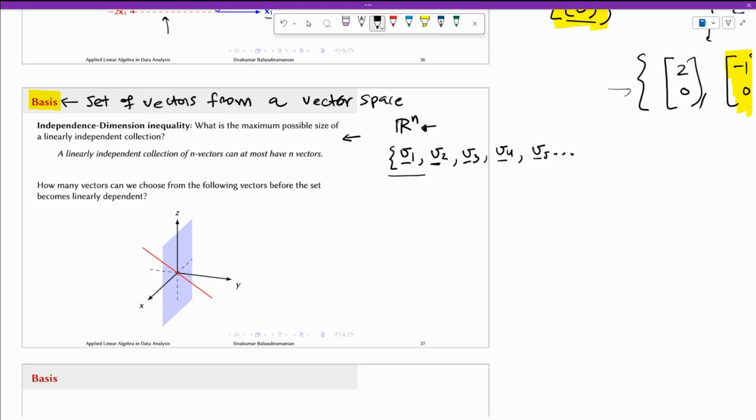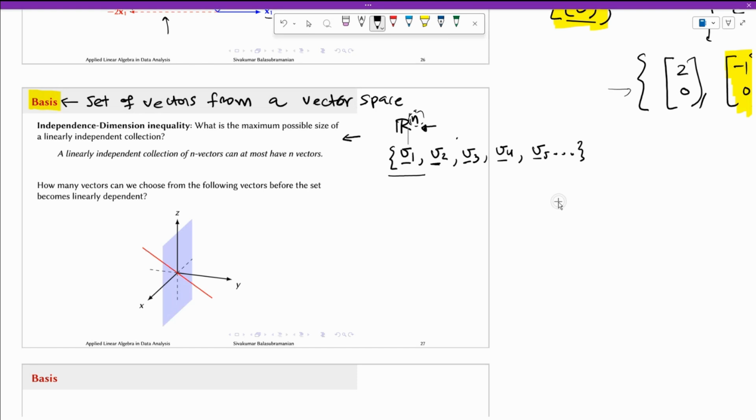It turns out that limit is essentially this number n. From Rn, you can only choose a maximum of n non-zero vectors and still have the possibility of a linearly independent set. If you take more than n vectors from Rn and form a set, that set for sure will be linearly dependent.